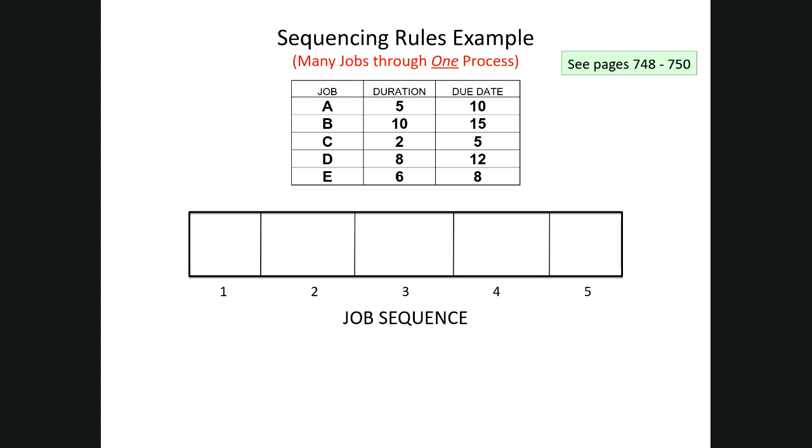Now, interestingly, the first question I want to ask you is, how many ways are there to put the jobs into the sequence? What this table means, if we put job A first, B, C, is that job A will get processed first, job B will be processed second, C will be processed third, D will be processed fourth, and then E will be processed fifth.